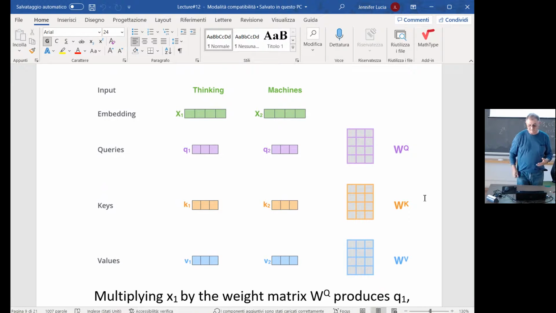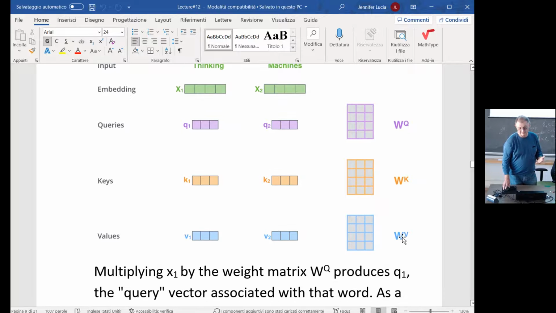So we can start with our matrix WQ, the weight of query, WK the weight of key, and WV the weight of values. So we should attribute some values to the vectors keys, values, queries for 1 and 2.